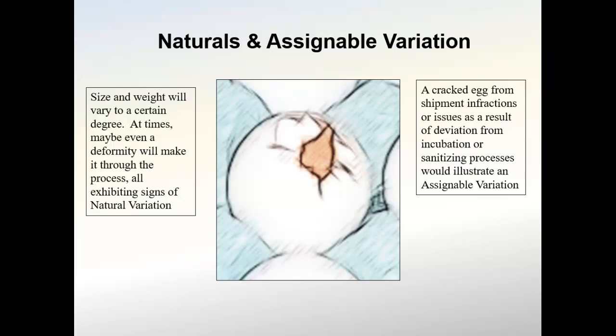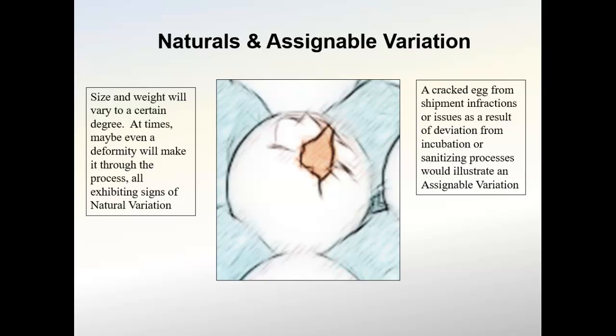Then you think about the times where you open up an egg carton and you see a cracked egg as a result of shipment infractions or mishandling at the food store, or issues that result in a deviation from incubation or sanitizing processes. You hear of people getting sick because the eggshells weren't sanitized properly, or even in incubation.